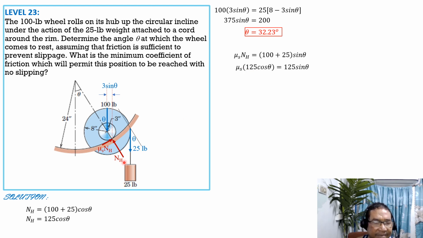So mu sub S times 125 cosine theta equals 125 sine theta. Cancel out 125. So mu sub S is simply tangent of theta, and theta is 32.23 degrees. So mu sub S can now be computed. It is equal to 0.6305.